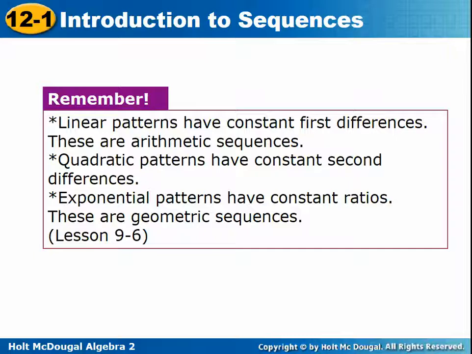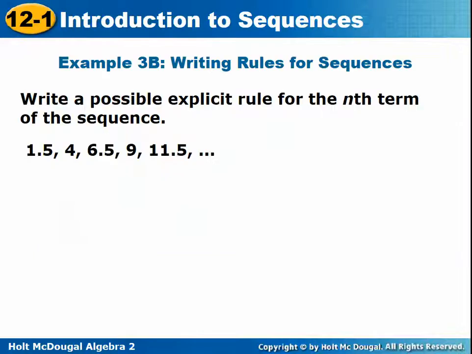You can use your reasoning skills and figure out a formula that will work for them, or you can run a quadratic regression with those values in Desmos or on a graphing calculator. But quadratic ones are, interestingly enough, quite difficult to set an explicit formula for. So we're going to focus mostly on the arithmetic, which will be the linear pattern, and the exponential, which are the geometric.